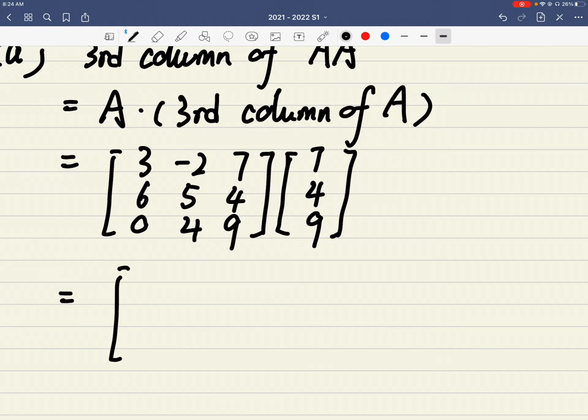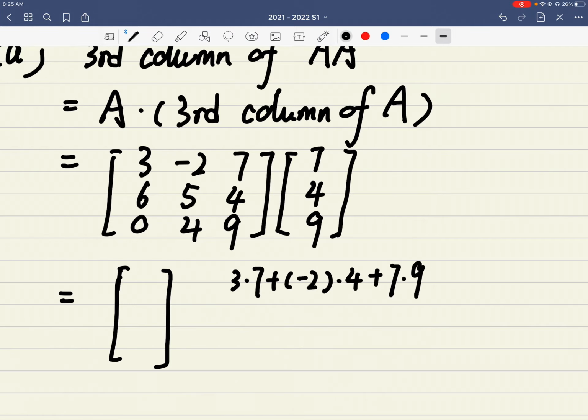Okay, the result is going to be a 3 by 1 matrix. First entry, this times this. Right, just do it. 3 times 7 plus negative 2 times 4 plus 7 times 9. Right. So the answer is 76. For the second entry, you do the same thing.